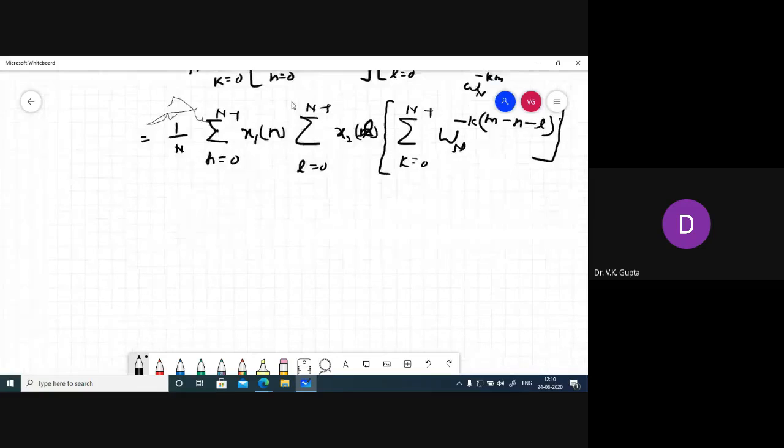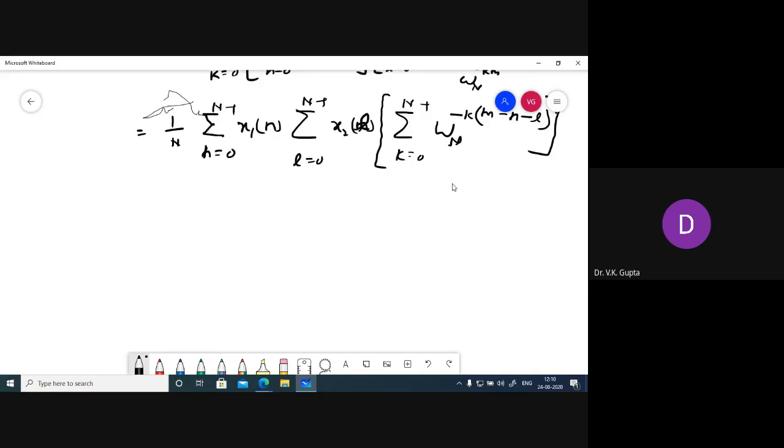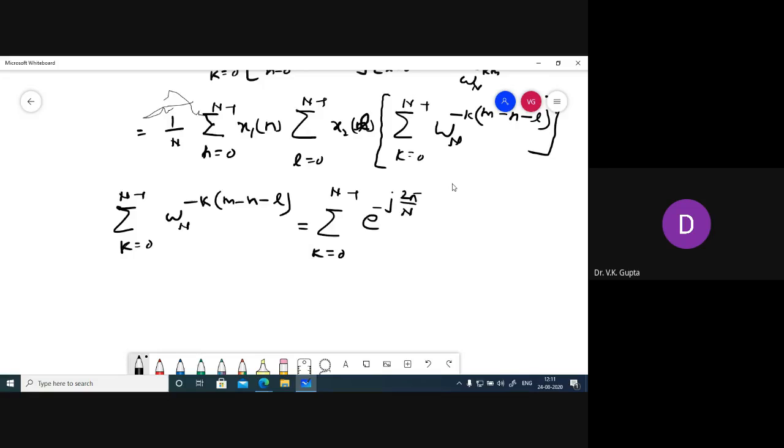Now, let us take the third term, sigma k equal to 0 to N minus 1, W_N to the power minus k(m minus n minus l). What is this term? W_N can be e to the power minus j2π by N, so this is the sum over k of e to the power j2π by N times k(m minus n minus l).